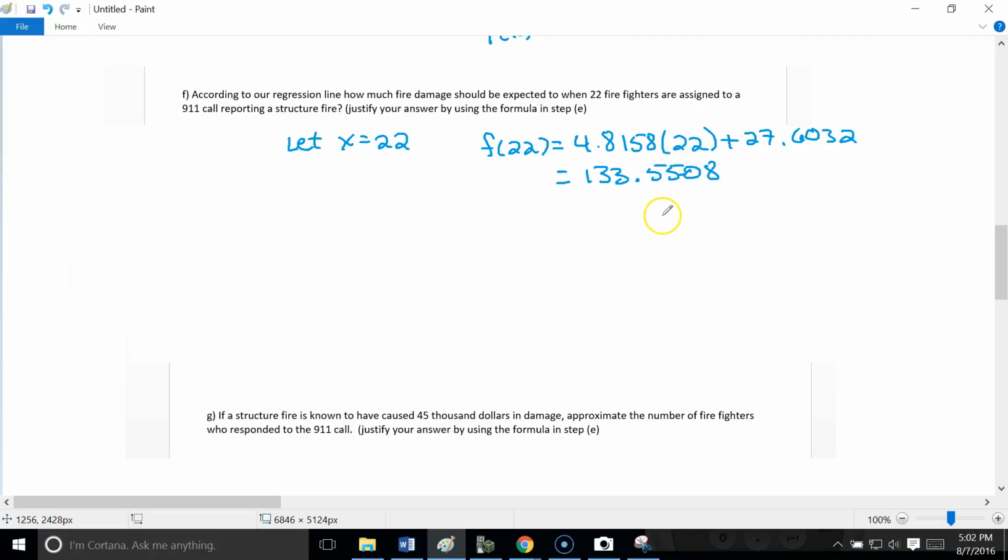Something like that. Okay, so if 22 firefighters are assigned to this 911 call, we would expect, according to our model, that there would be about $133,551 worth of damage.